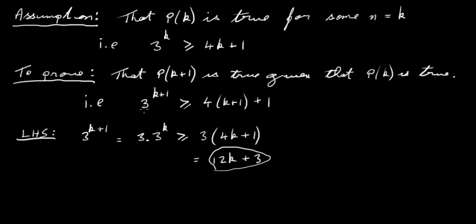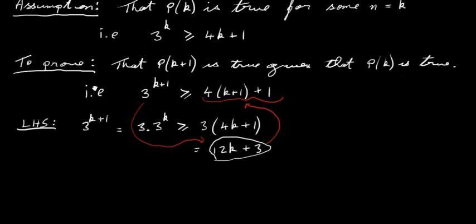We know that 3 to the power of k plus 1 is greater than this, but is this greater than all of this here? So this is our term in the middle. So that's what I'm going to prove, that we're going to work on this being greater than this here. Okay, so let's work on that then.